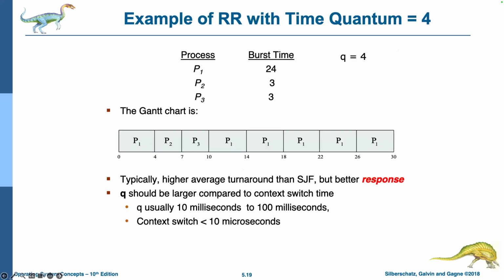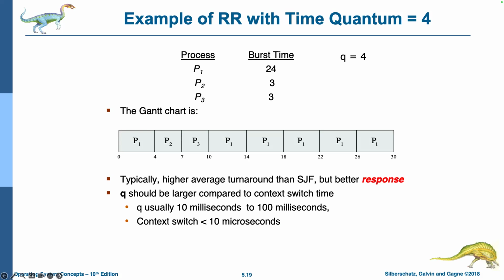Here I say the quantum is 4. The quantum cannot be too large. If the quantum is too large, it reduces to non-preemptive. Let's say the quantum is 100, it means that it becomes non-preemptive.